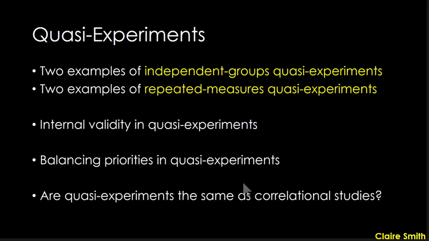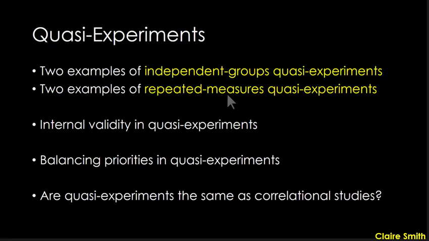So for quasi experiments, we're going to talk about independent group quasi experiments and repeated measures quasi experiments. These should look familiar to you already. We've talked about them numerous times. Independent groups, remember, is when the participants who are in each group are different. So if you have 4 different groups that you're looking at, you have separate individuals in each of those different groups.